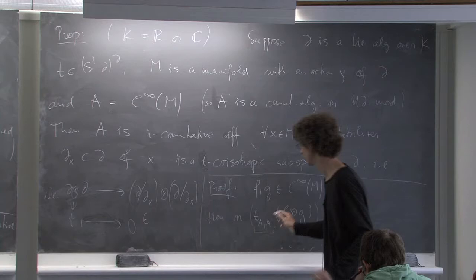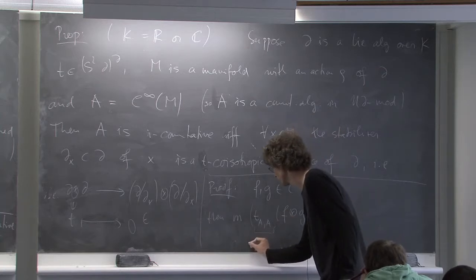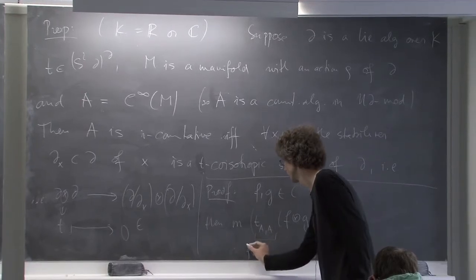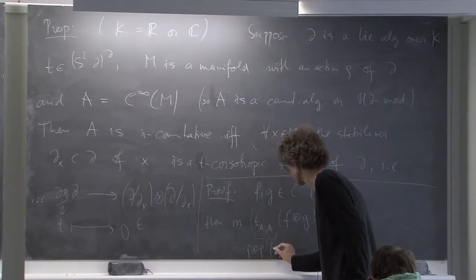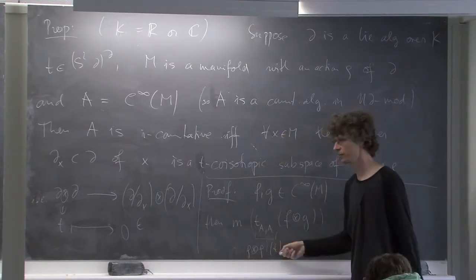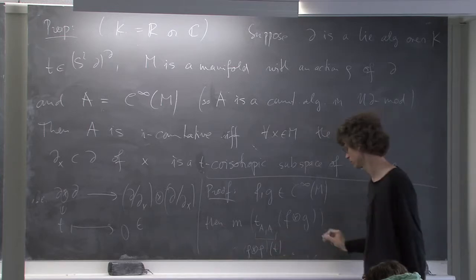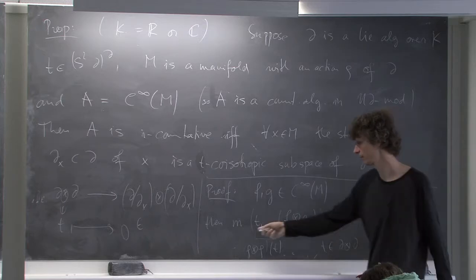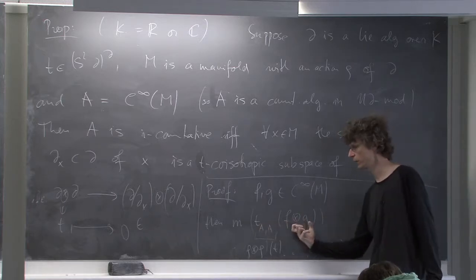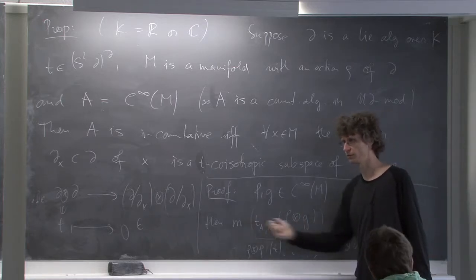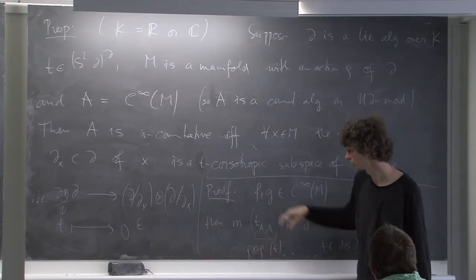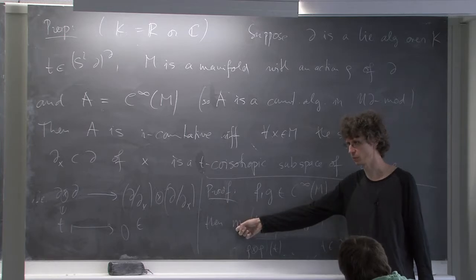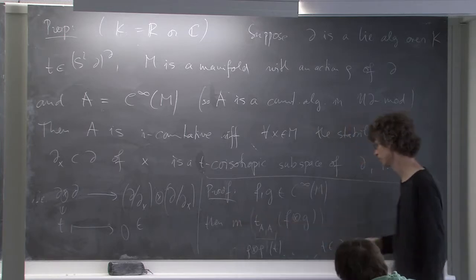By definition, it's something like rho tensor rho where we plug in T, which is in D tensor D. Then we apply it and take the product. But what does it mean to apply rho tensor rho and then take the product?